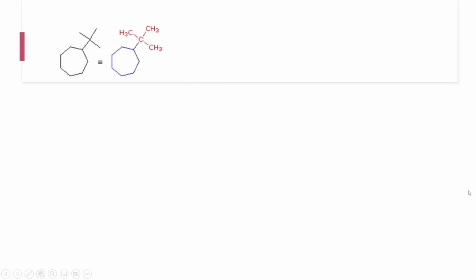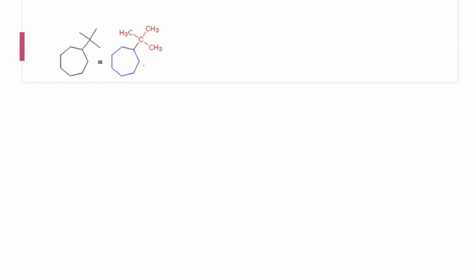Now we come to a different type of example, which are compounds that contain cycloalkanes. How can we apply the IUPAC rules to give names for those compounds? First, as you can see, we have one more example here, and this compound contains a cycloalkane and a side chain.